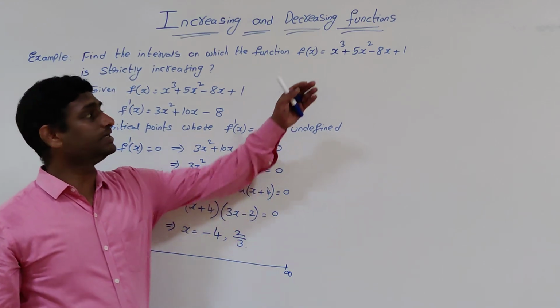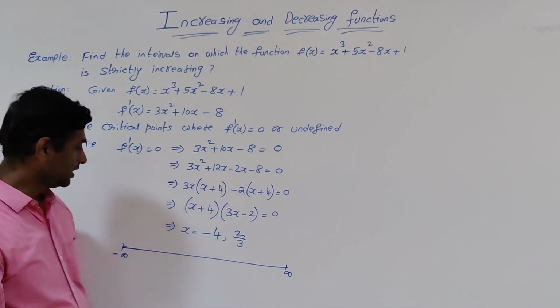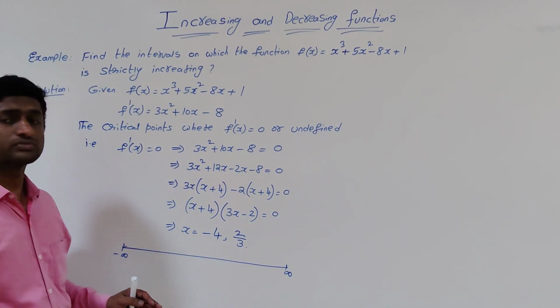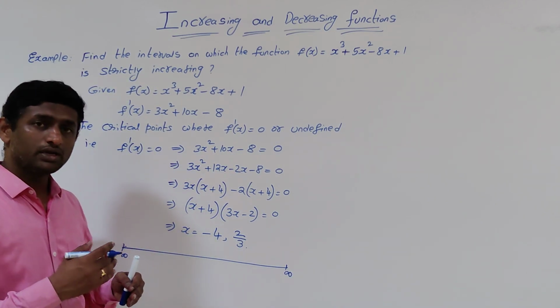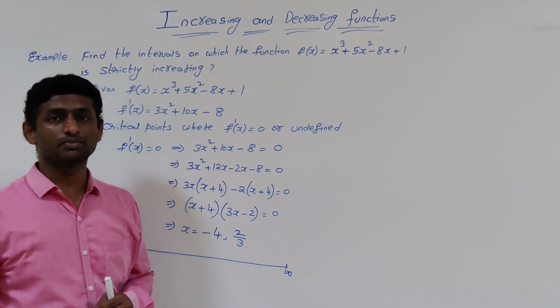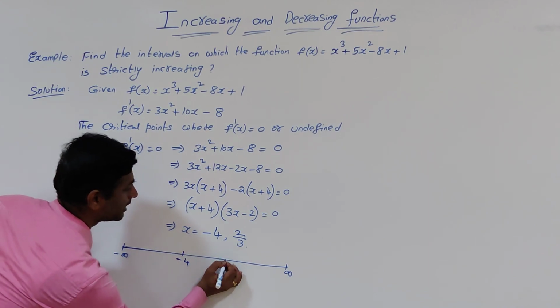As the function is a cubic polynomial, the domain will be R. To divide by the critical points, we have to move from a smaller value to a bigger number. So what comes first is minus 4 and 2 by 3.